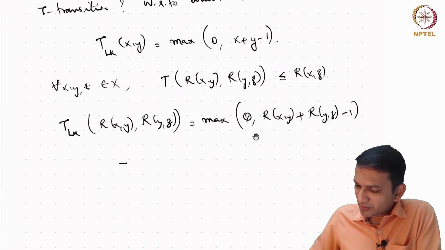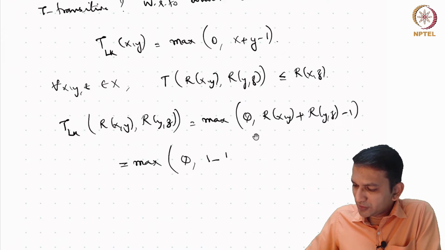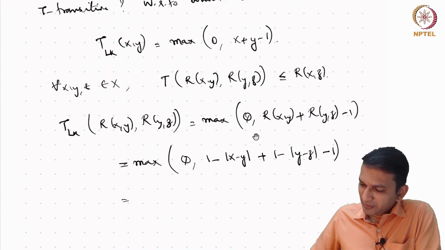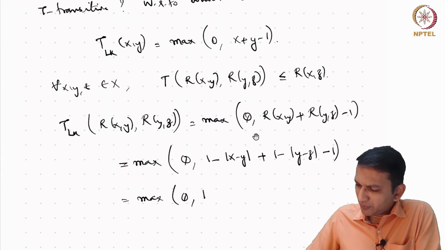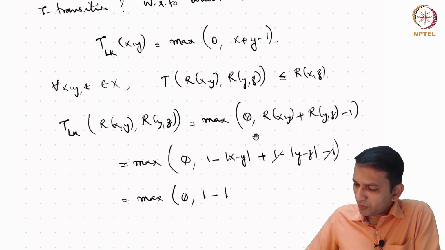Now, what is this? Maximum of 0, r of x, y is 1 minus mod x minus y, plus 1 minus mod y minus z, minus 1. So this is nothing but max of 0, you can cancel out this 1 and this 1 here. So it is 1 minus mod x minus y plus mod y minus z.